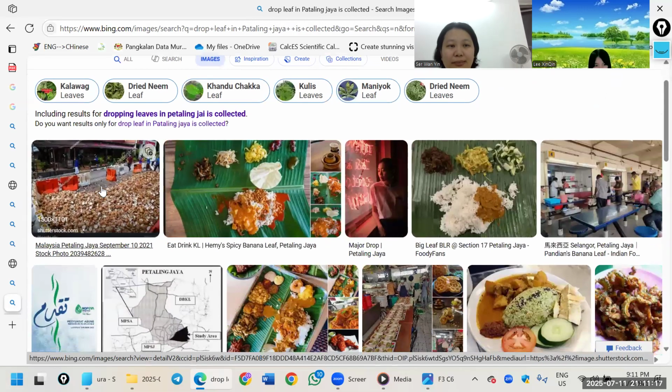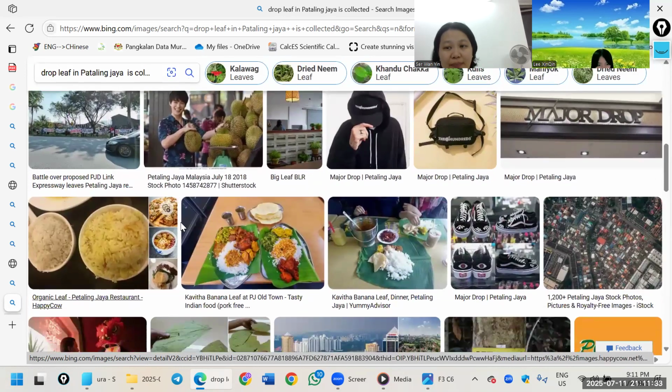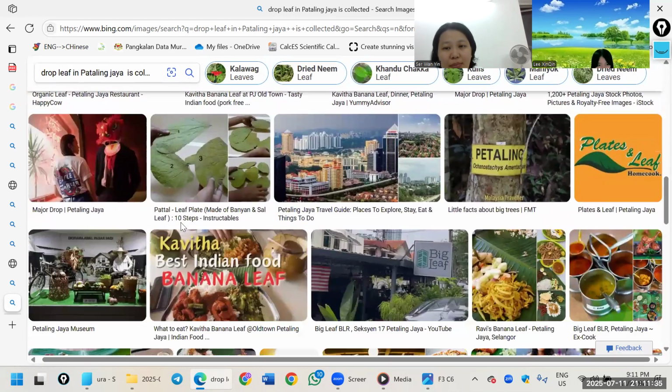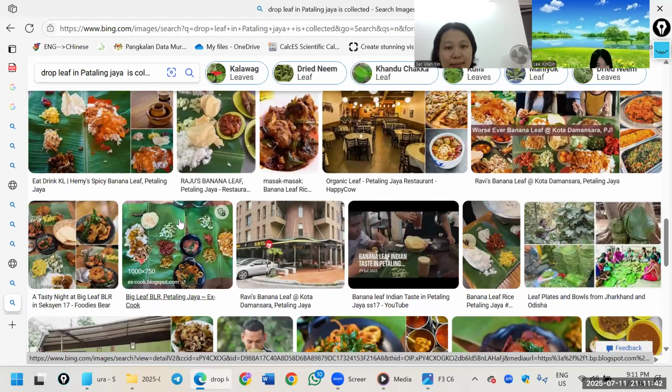And this one, the coconut. Our nasi lemak very good, so also got a lot of coconut is used. So the coconut husk also is used as biogas. By the way, banana leaf also tastes nice.